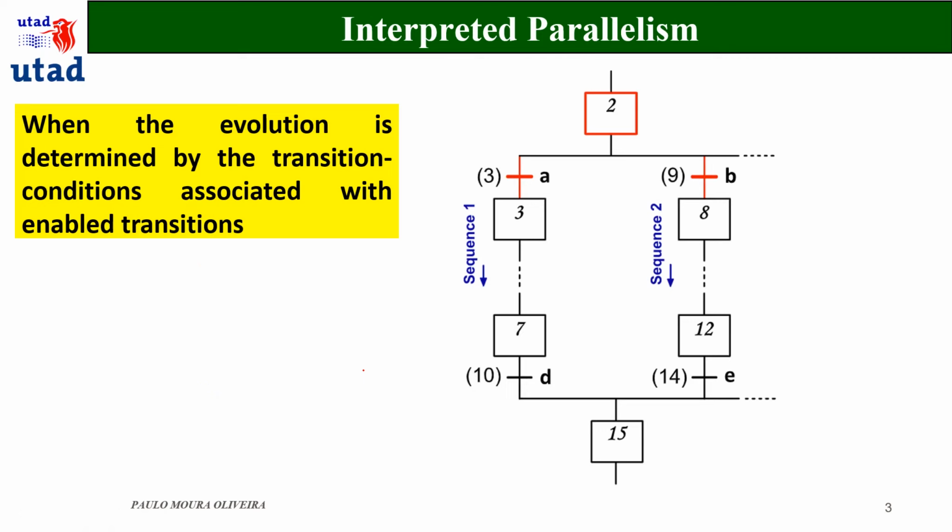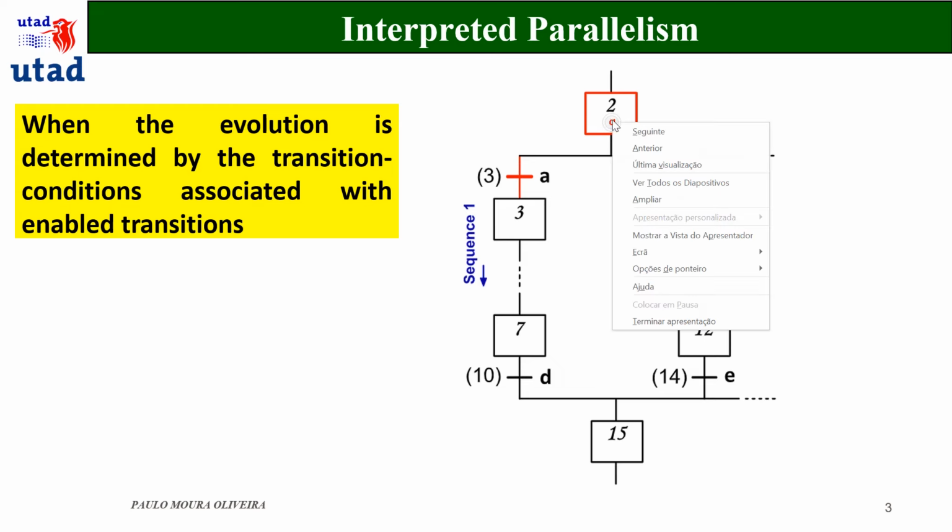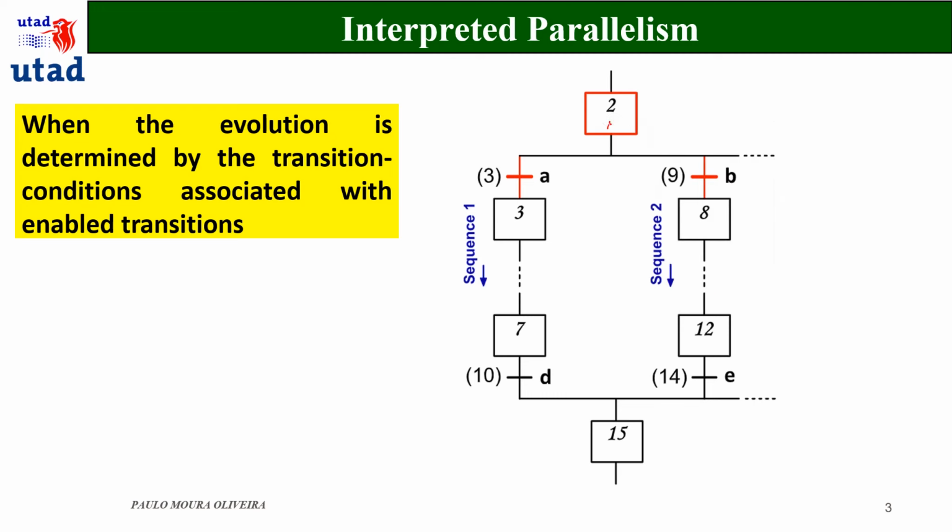It is when the evolution is determined by the transition conditions associated with the enabled transitions. So, consider this example, and if step 2 is active, it means that transitions 3 and 9 are both enabled.